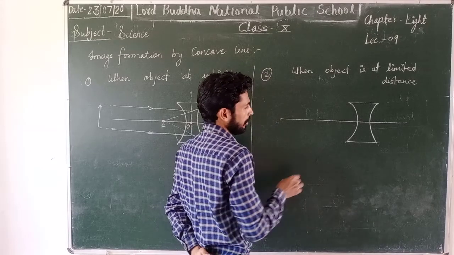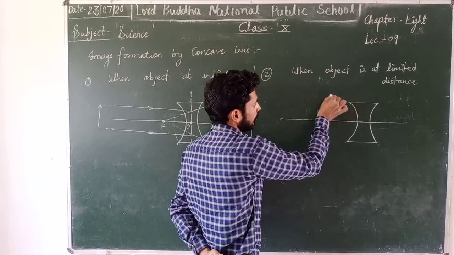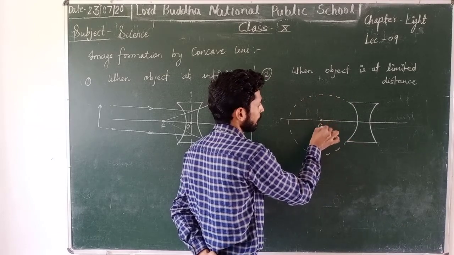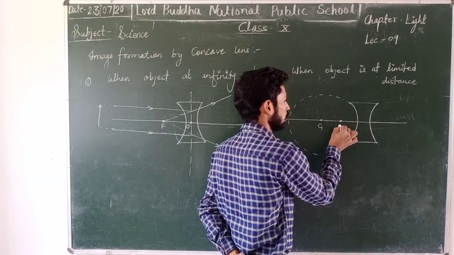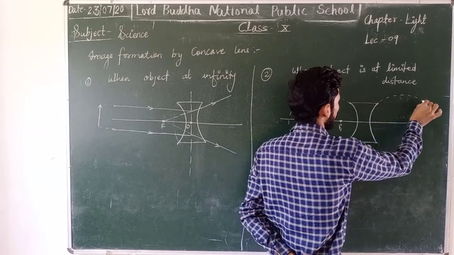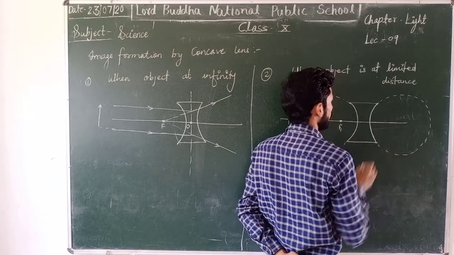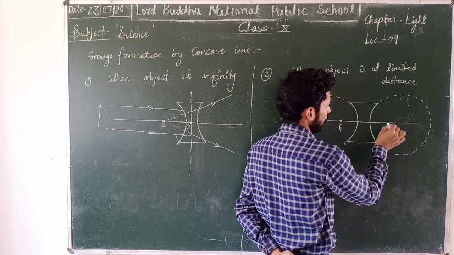One more thing you have to remember, that the center of curvature C1 should be located on the left side, and also the primary focus should be on the left side of the lens, but the secondary center of curvature and the secondary focus will be on the right side of the lens.